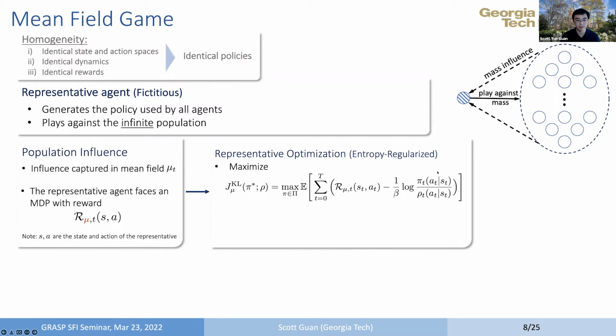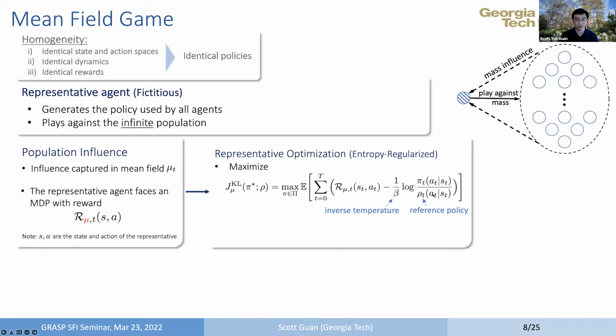So we added this entropy regularization term to provide all the necessary regularity conditions for the guarantee of convergence. And we will not really talk about that in detail in this talk. So what we have here is an inverse temperature, beta, and also the reference policy rho. This basically forms the entropy regularization.